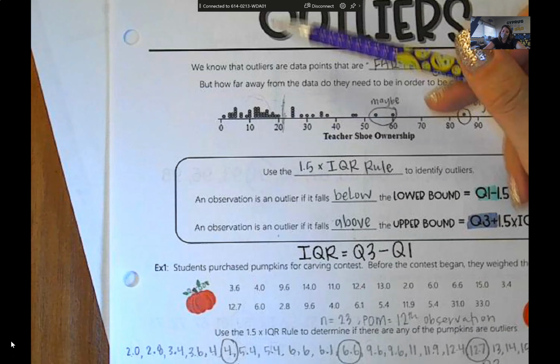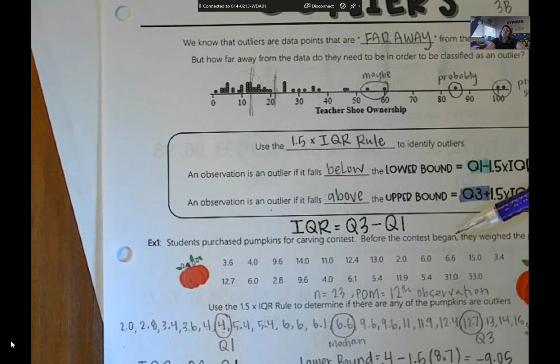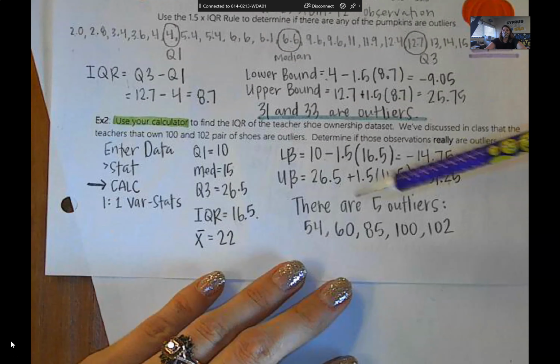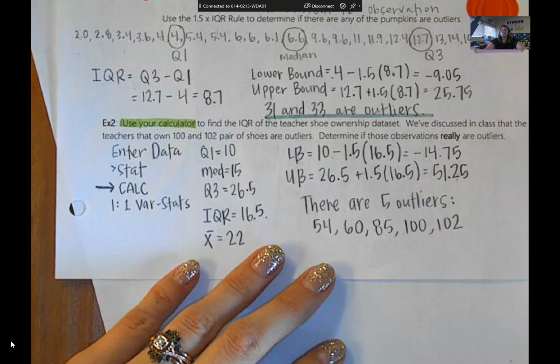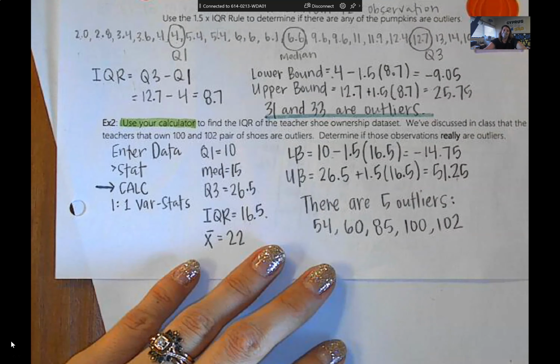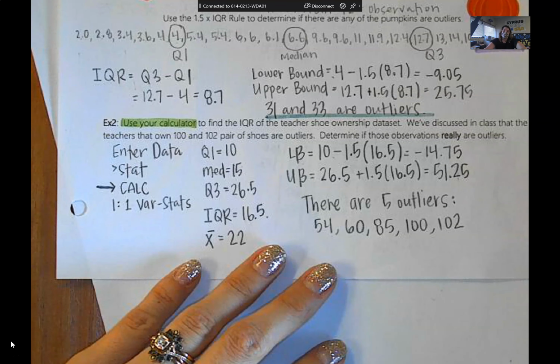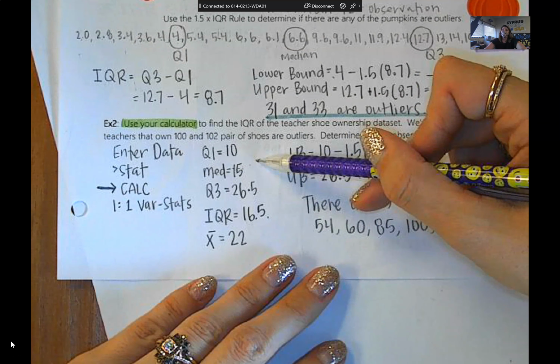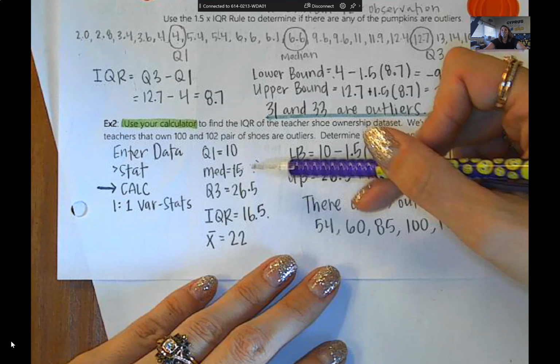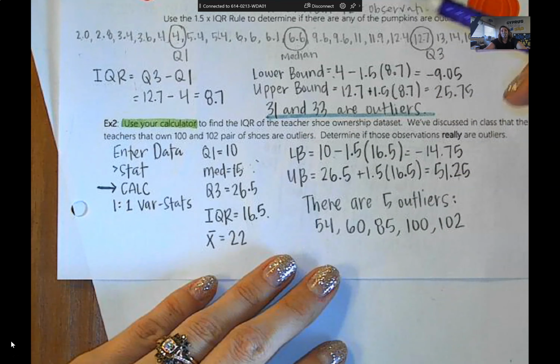If I go to 15, that's right in the middle of where most of the data is. So which one is a better description in this case of the amount of shoes that teachers typically own? Median. Median is a better description of how many shoes the teachers own.